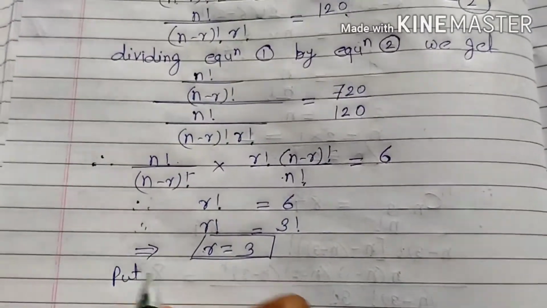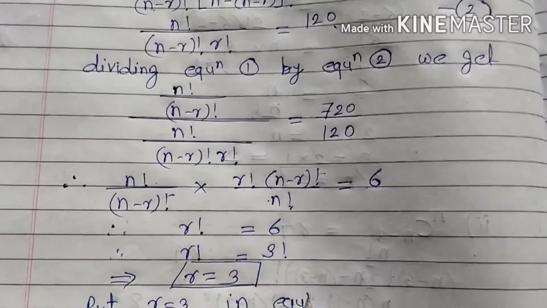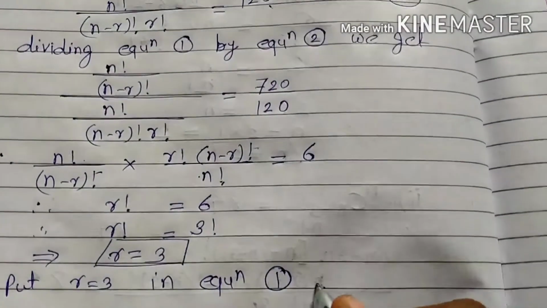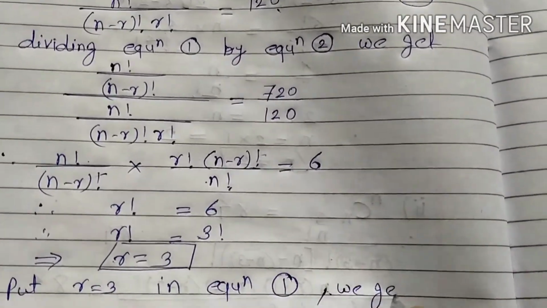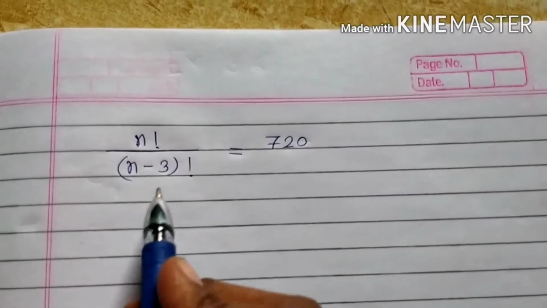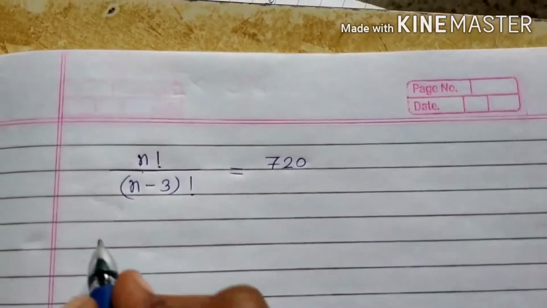Put r is equal to 3 in equation first, we get n factorial upon (n minus 3) factorial, which is equal to 720.